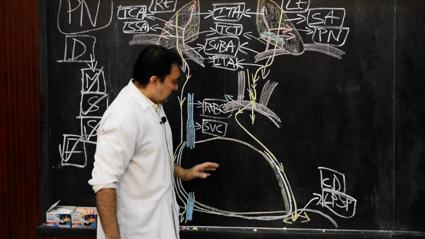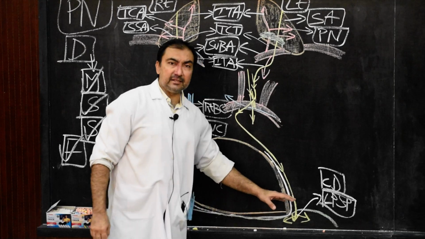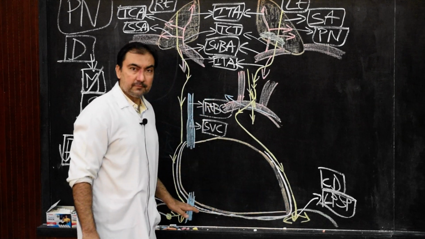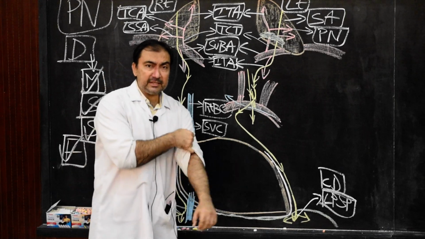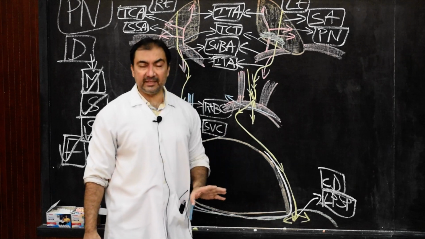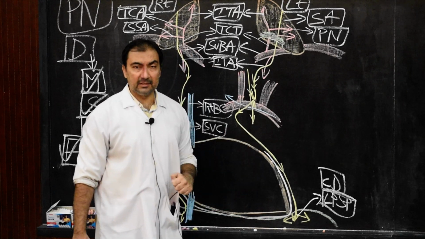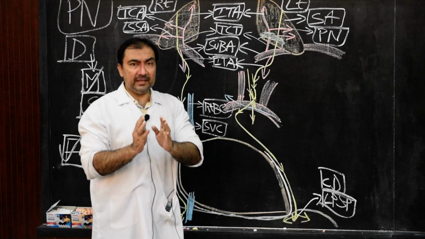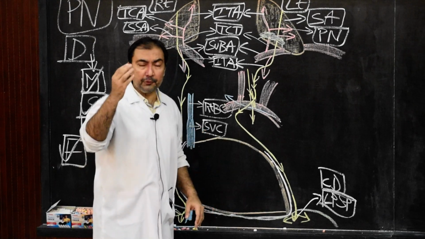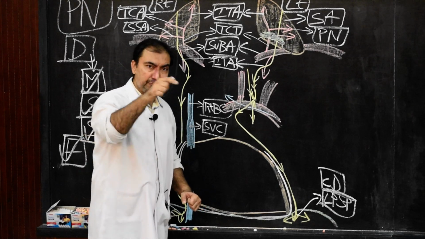Now, the termination of both the phrenic nerves, and we know where they are terminating, beneath the diaphragm. Now here this is important. Each phrenic nerve, we know that it is forming the phrenic sympathetic plexus, right and left. It will be divided into four sets of branches. What are those four sets of branches?